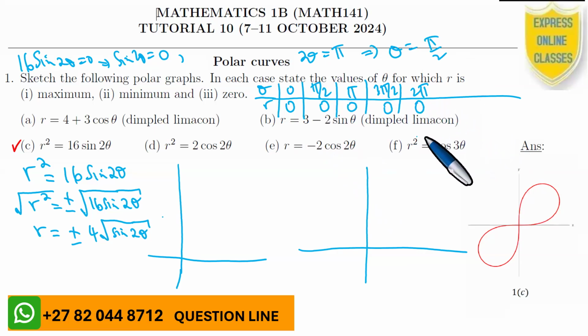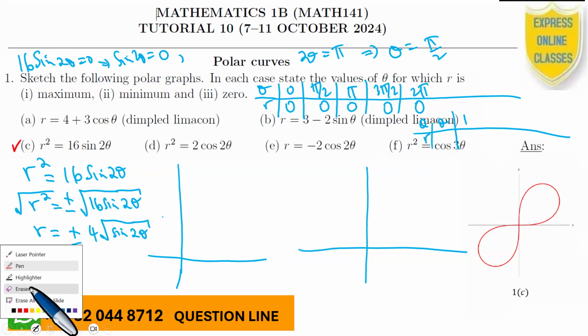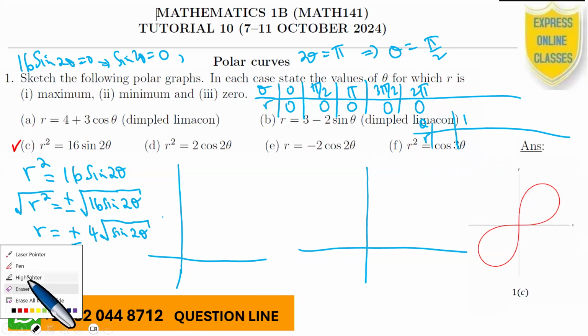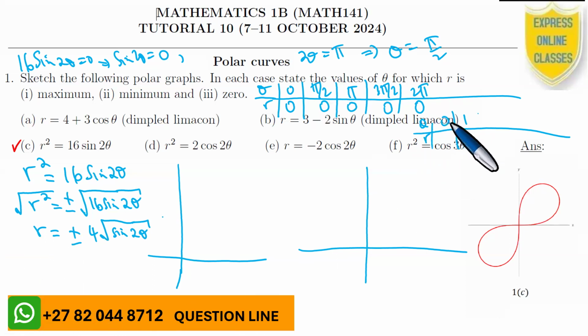So we need to draw another table and have theta, r, and then have 0, 0. Pi over 4, pi over 2.